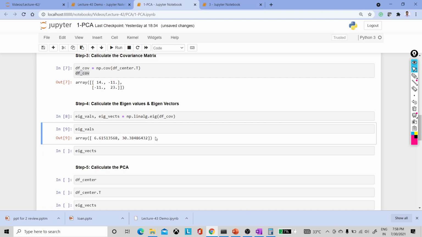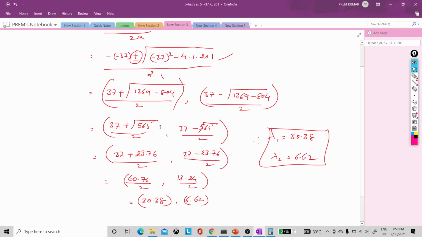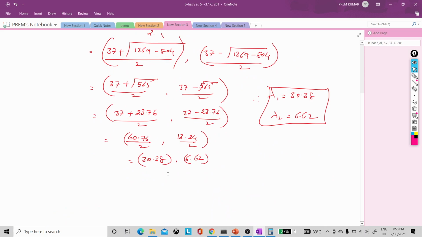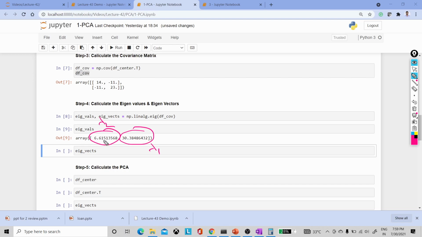So these are the values we calculated manually. This is lambda 1, which is 30.38, and the second, lambda 2, is 6.61.